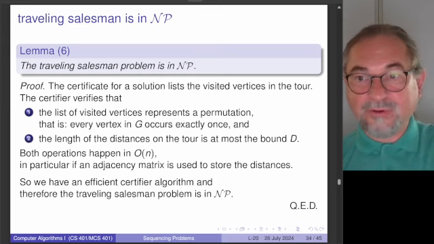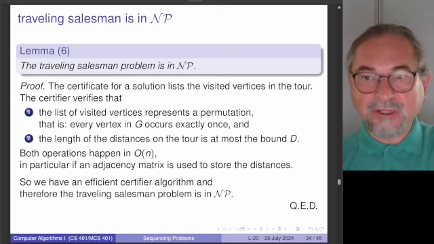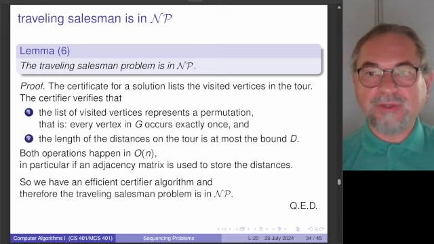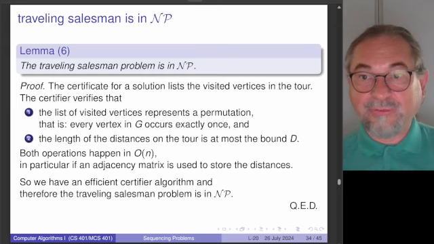And therefore, looking up in an adjacency matrix is constant time. So the running time of your total algorithm depends only on the number of vertices. And that's a very efficient algorithm. So we do have an efficient certifier, and the lemma shows that our traveling salesman problem is in the set NP.